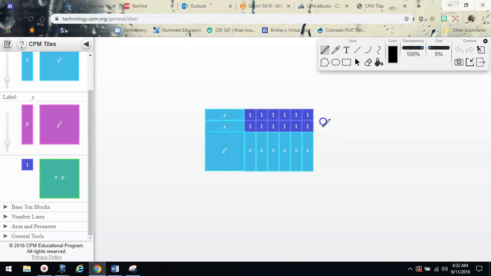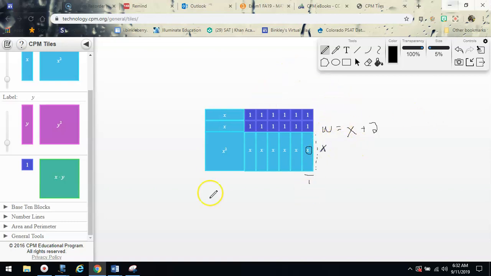So now my width is 1x and 2 ones. And when I'm talking about the length and the width, I'm not talking about the area. The area is written on the inside. So the area of this tile is x, because this side is 1, this side is x, and when we multiply those two together, x times 1 is x.